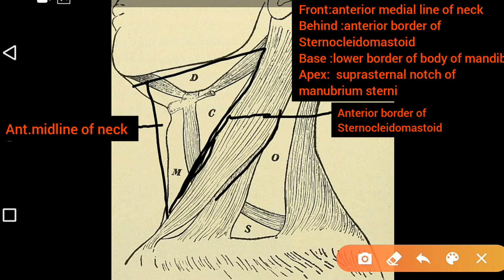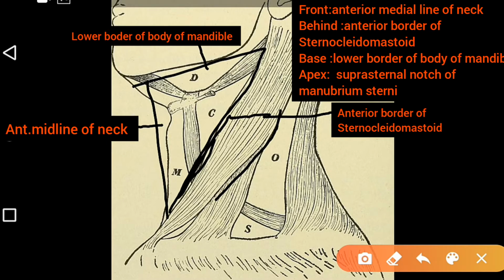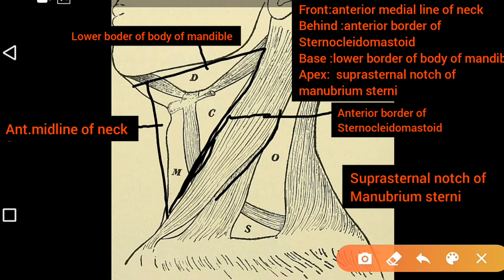On the base there is the lower border of the mandible, while the apex is formed by the suprasternal notch of the manubrium sterni.